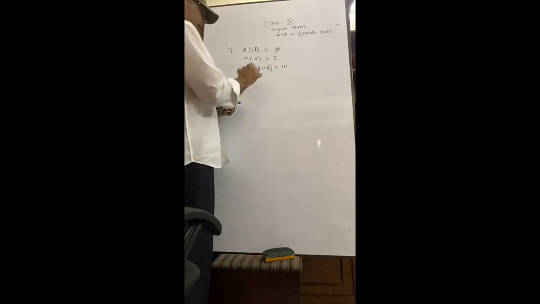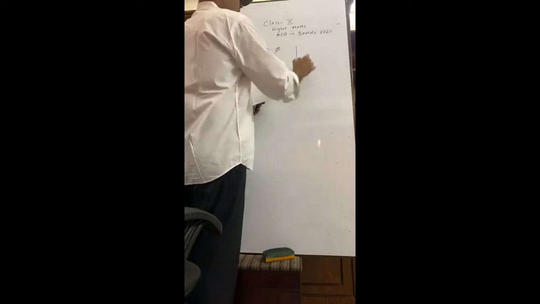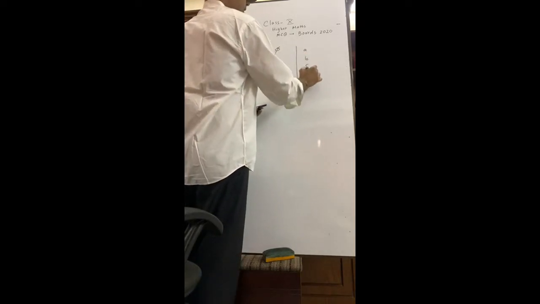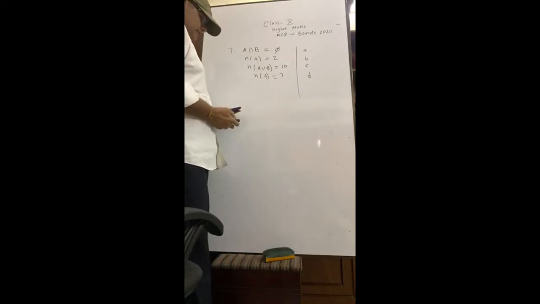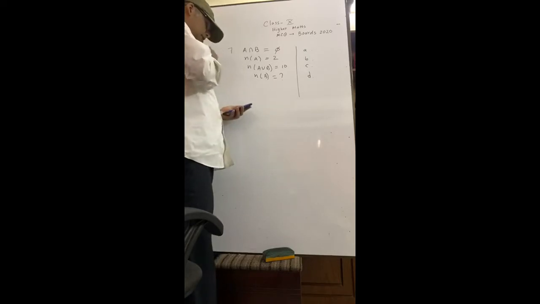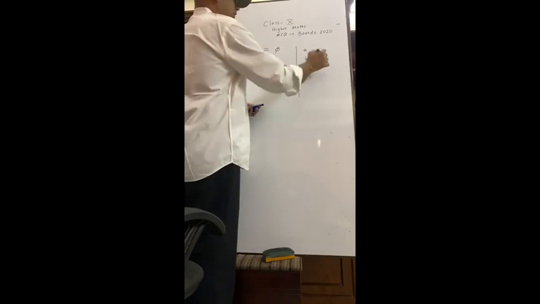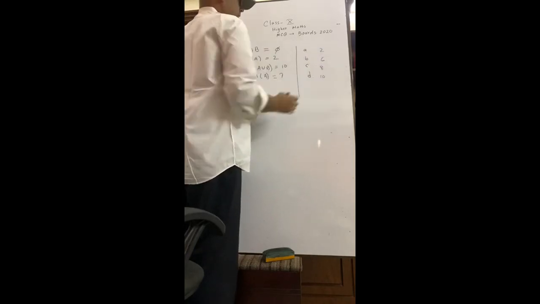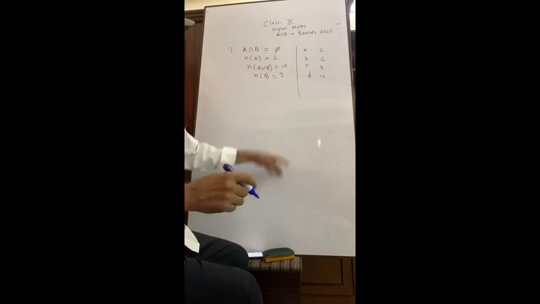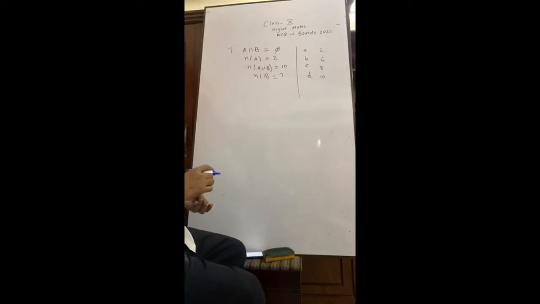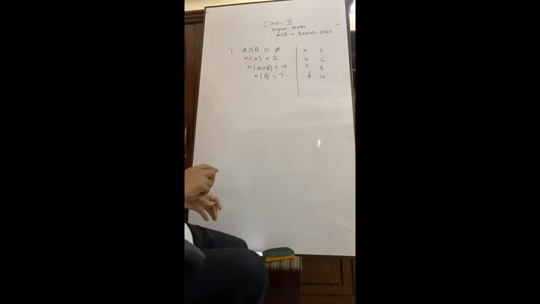Then we have to find N of B. Options are A, B, C, D: 2, 6, 8, 10. What is the answer? How to do this math? Write to me, please. I want to see who can answer.